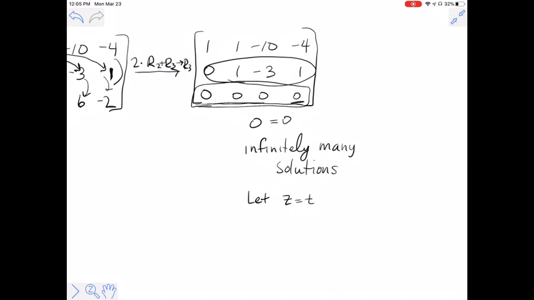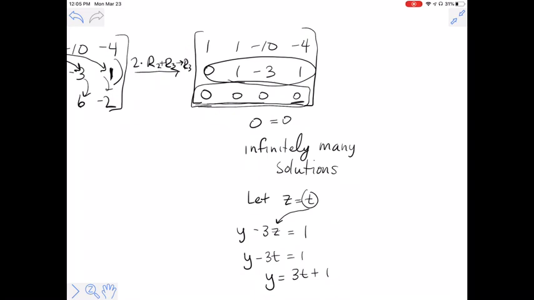That middle row represents the equation 1y minus 3z equals 1. Now we can make a substitution here for z. Z is equal to t, so now we can say y minus 3t is equal to 1, and I want to get y by itself, so I'm going to add the 3t over and get y equals 3t plus 1.